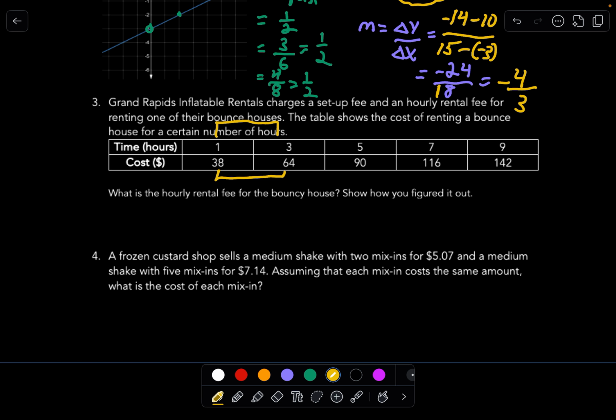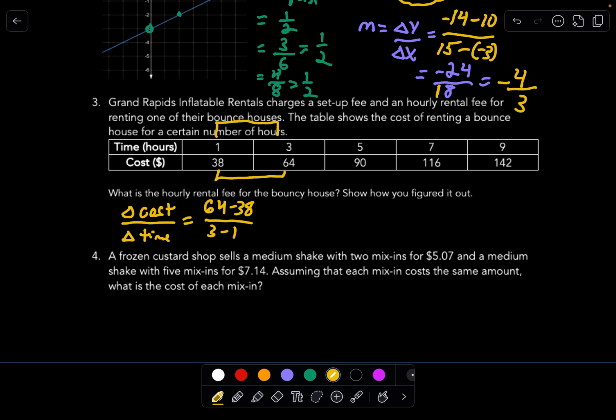All right. So when they ask what's the hourly rental fee for the bouncy house, and to show how you figured it out, you have to find the change in cost divided by the change in time. So that's going to be 64 minus 38 divided by 3 minus 1.